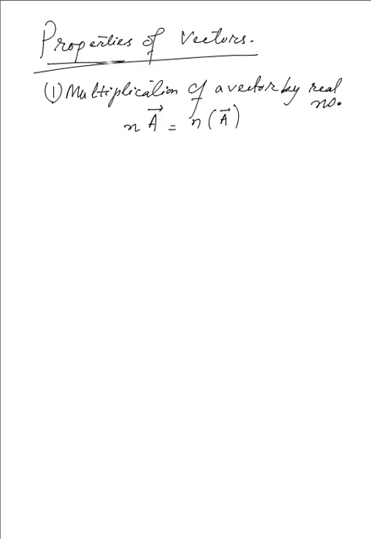Suppose I have this to be a vector a, and I multiply this a with some value. Let us say we are considering 2a. That means it is equal to 2 times of the a vector.